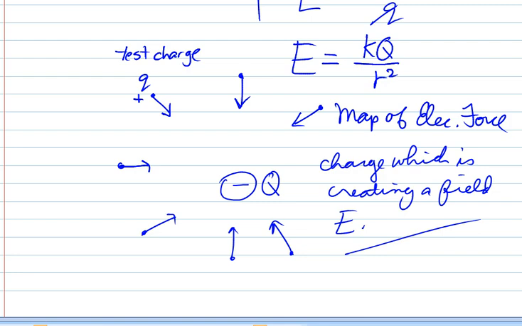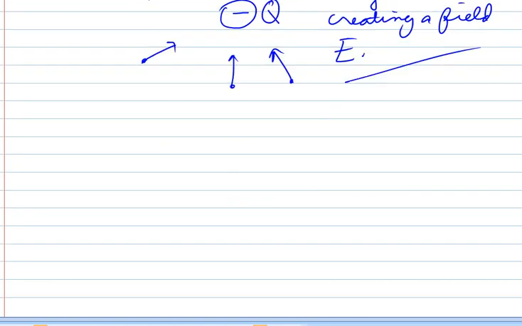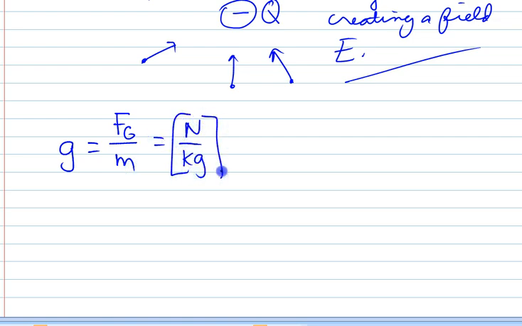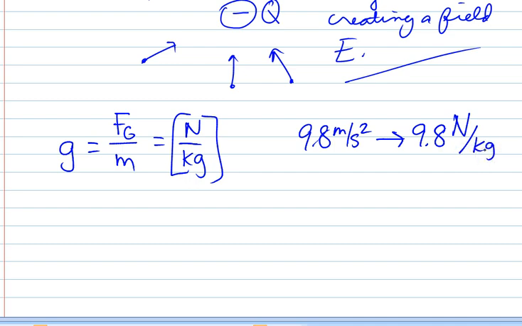Okay? Now there's two other things that I want to say. One is that g for gravity is the force of gravity divided by a little mass, and the units are newtons per kilogram. So instead of saying 9.8 meters per second squared, we could say that the Earth's gravitational field causes 9.8 newtons of force for every kilogram of mass.